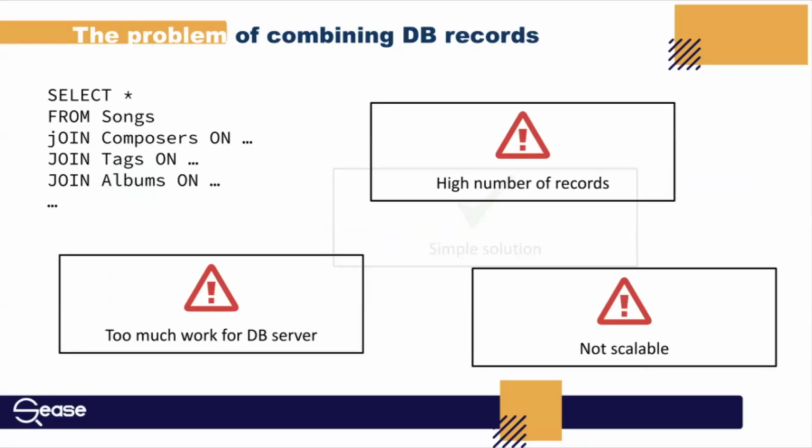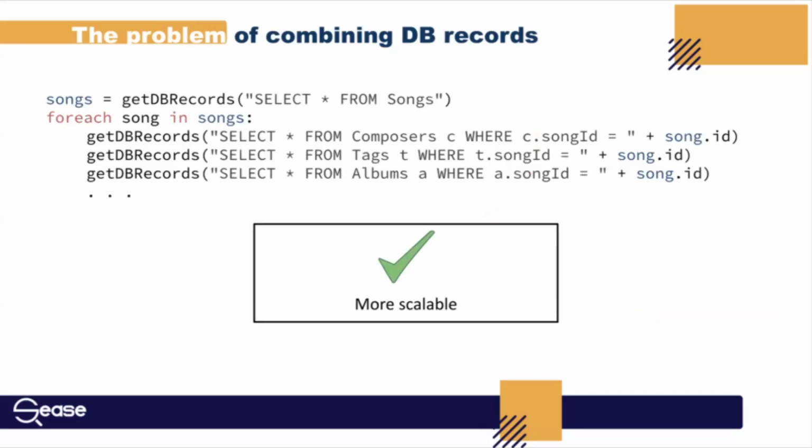So let's try to make this solution more scalable, let's say more or less. We list all the songs, and for each song, we extract all the composers for that song, all the tags for that song, all the albums for that song.